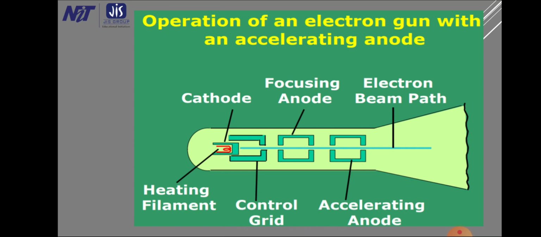Till now we have seen the electron beam path in this picture, which is going straight, and there are three stages. The first stage controls the intensity, the second controls focusing, and the third gives the speed or the acceleration. Now this will go on and strike the center of the screen as it is going straight.